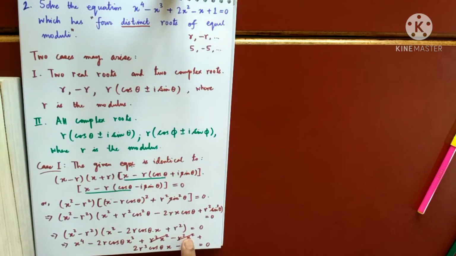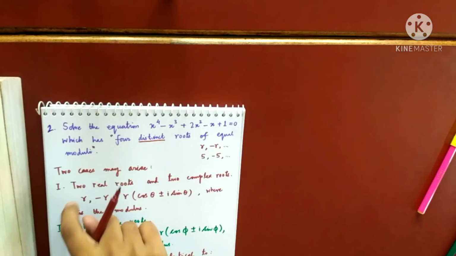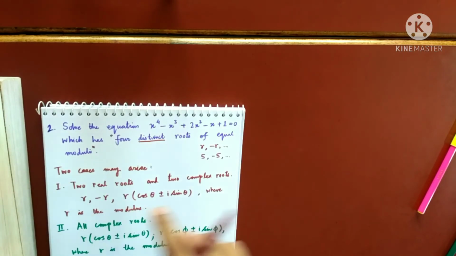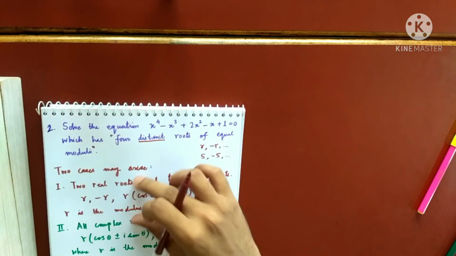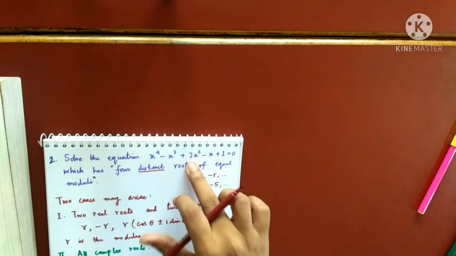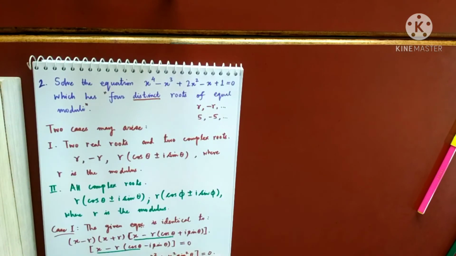So this cannot happen, because my original equation had a term containing x square. So this case will not hold in this particular question. It may so happen that this case will hold for some other question, but here it cannot hold. Okay, so let me write that.